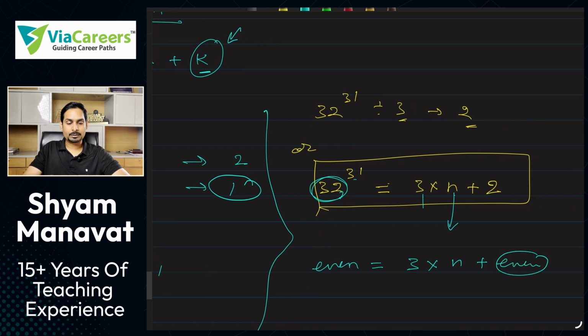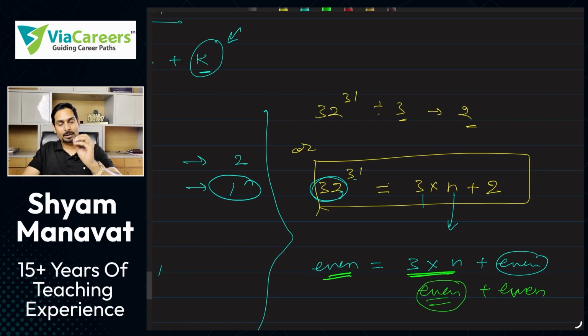Now you are going to get the overall value as even only when this term is also even, because even plus even is the only way to get an even outcome. If it is odd, then odd plus even will become odd. So this has to be even. Apply logic and common sense, my friend.